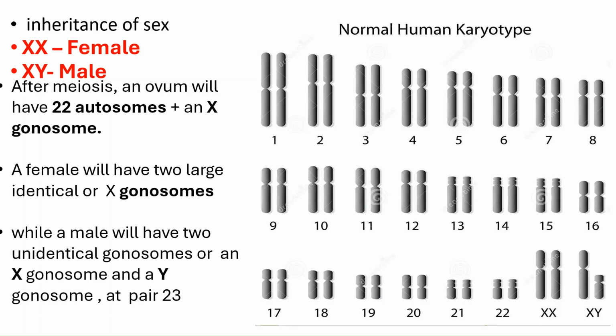You will say there are two large identical gonosomes. Secondly, a male will have two unidentical gonosomes, like it is displayed there, or an X gonosome and a Y gonosome at pair 23. And that is how you explain it in exams.